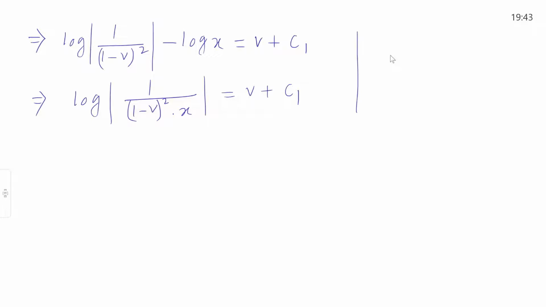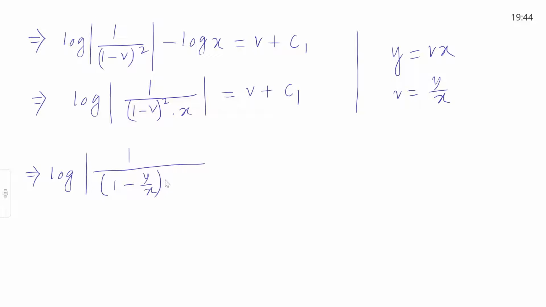Now we need to replace v. What was v? Our substitution was y is equal to vx, that is, v is equal to y over x. So wherever v is, I write y by x. This implies log of 1 by (1 minus y by x) square into x on the left hand side is equal to y by x plus c1.